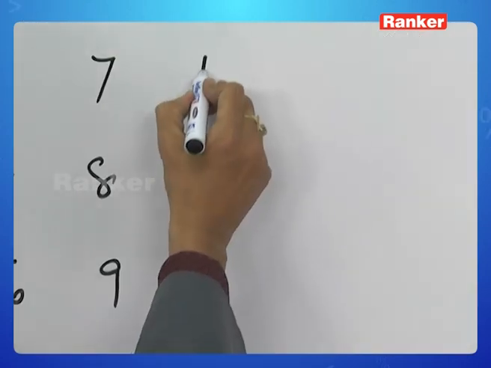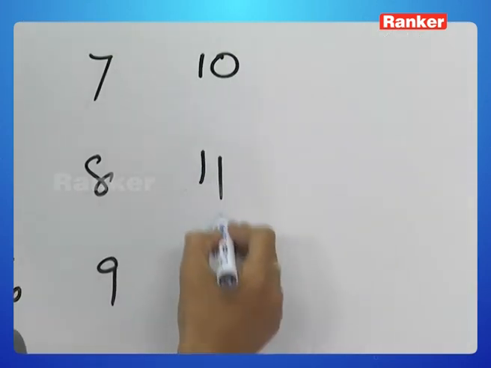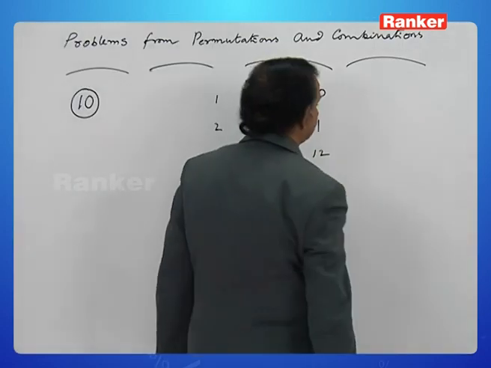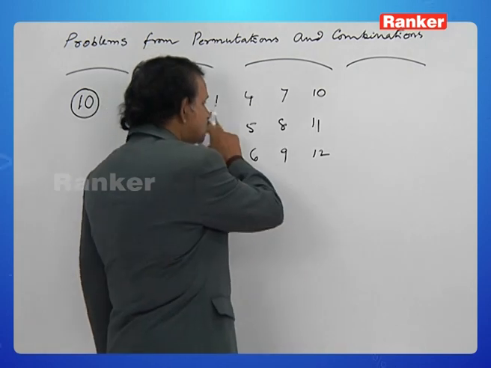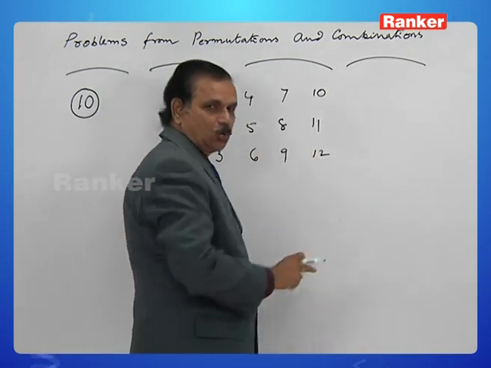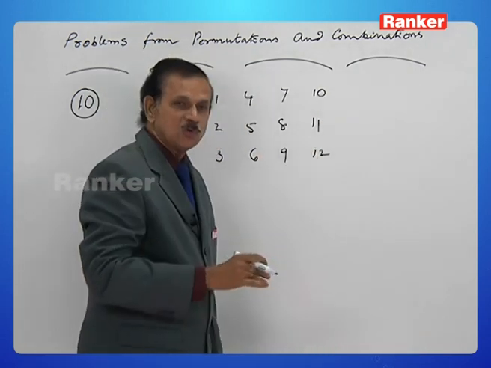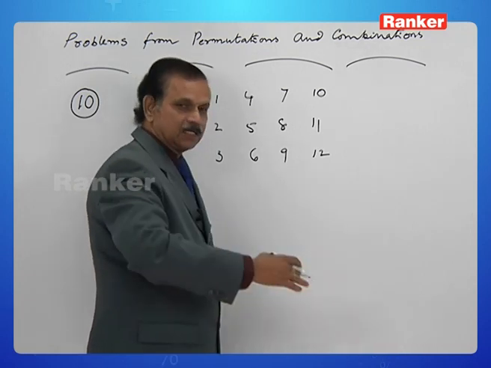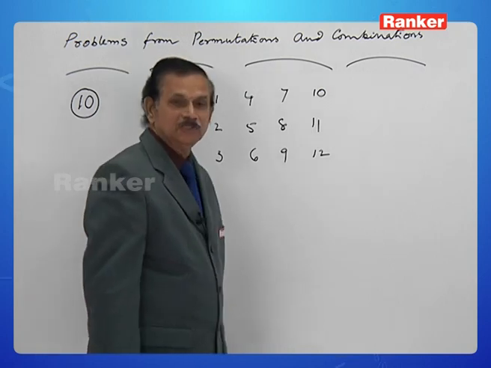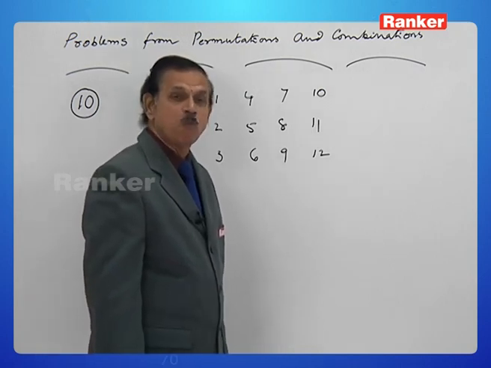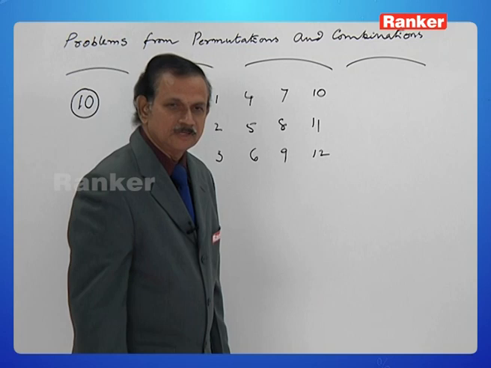Next, 10, 11, 12. Next, observe the list of numbers in the first row: 1, 4, 7, 10, 13, like that. You please observe, they leave a remainder 1 when divided by 3.